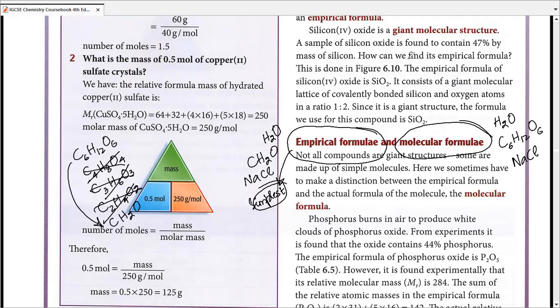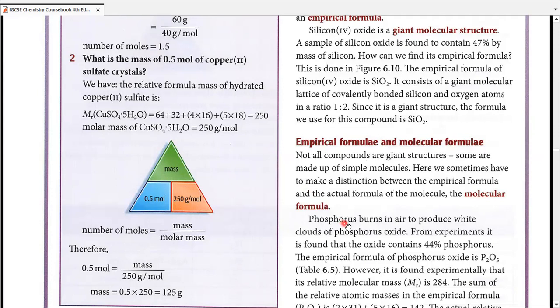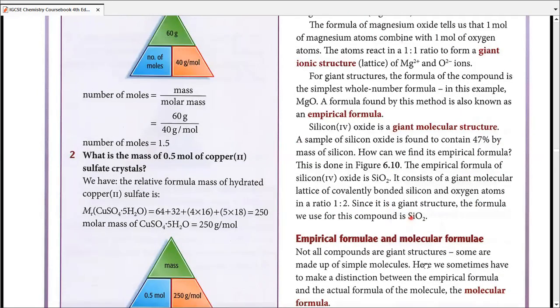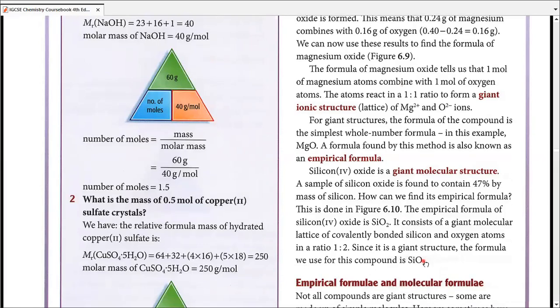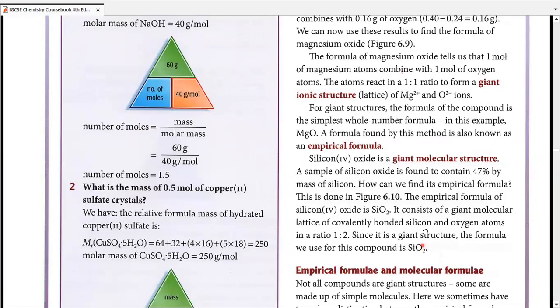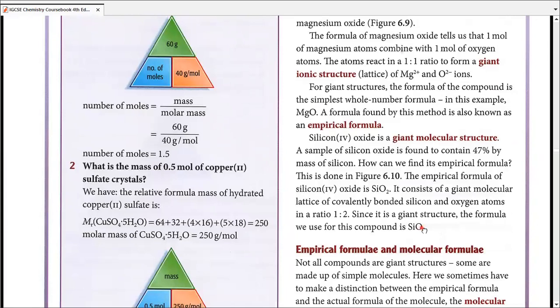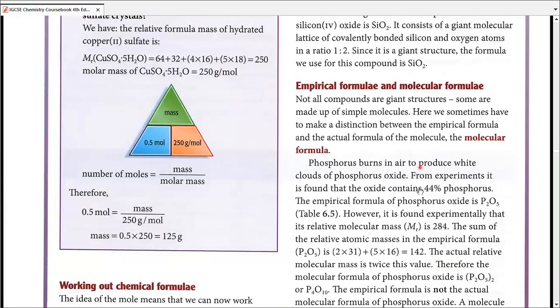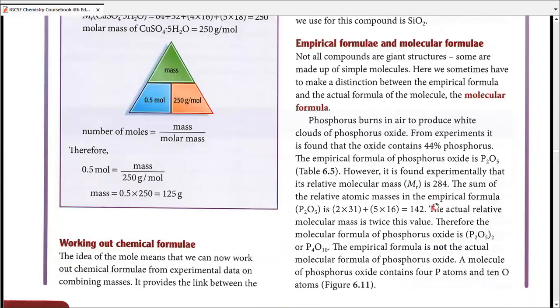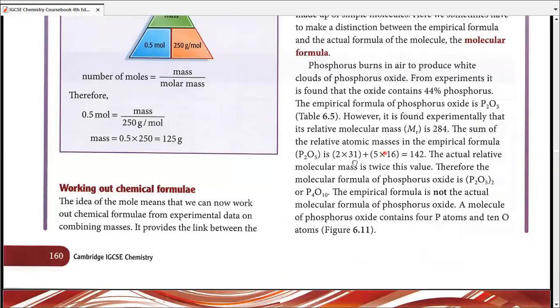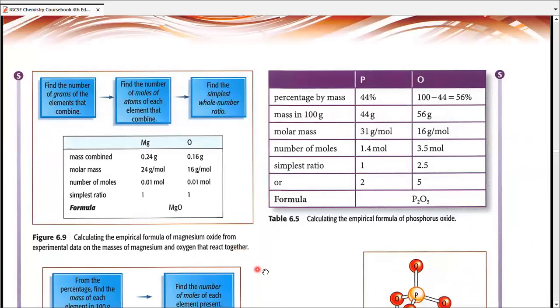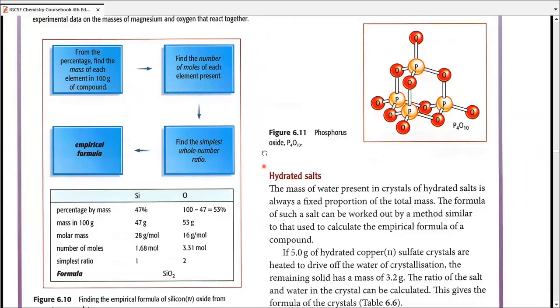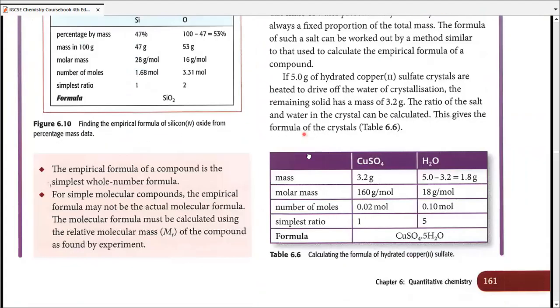All right, good. When we start performing experiments in the lab, what we find out first is the empirical formula. There is a proper procedure for how we find that out, and then we go with the calculations and convert it into the molecular formula.